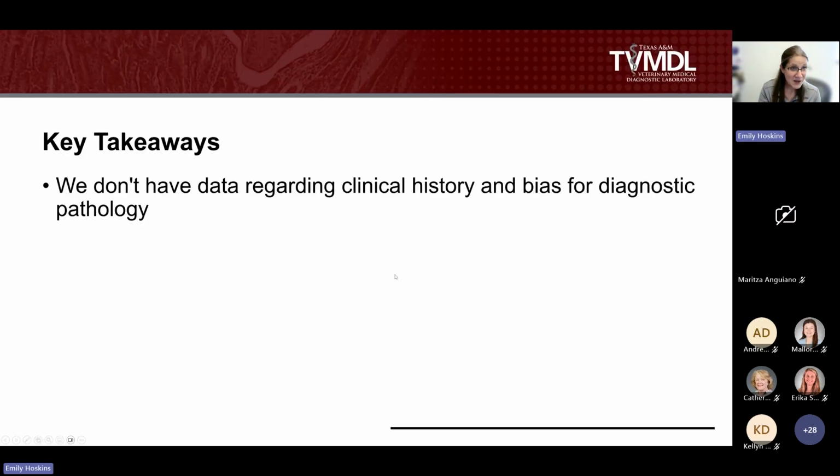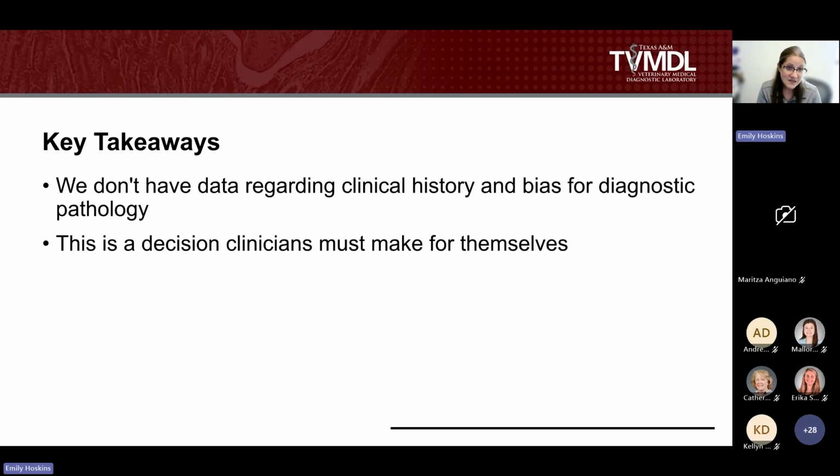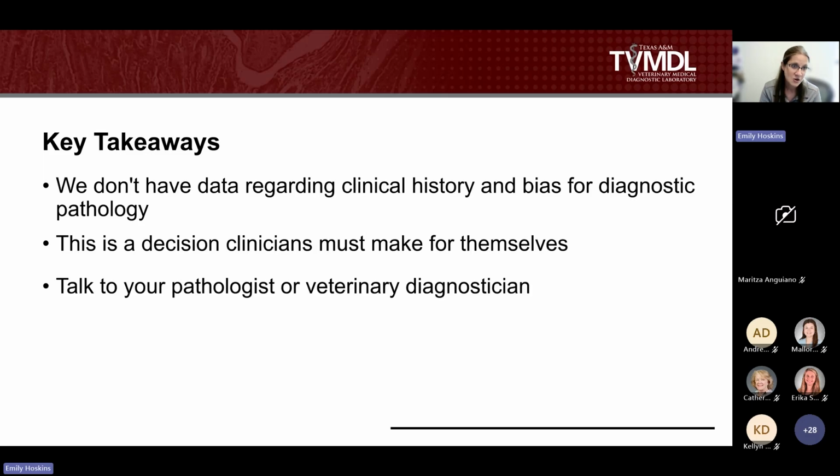So some key takeaways for this presentation. We don't have data and peer-reviewed research regarding clinical history and bias for diagnostic pathology. I hope that will change in the future. So for now, this is a decision that clinicians just have to make for themselves. And if you have any questions about that or you want to discuss that, I really encourage you to talk to your pathologist or veterinary diagnostician that's on the case.